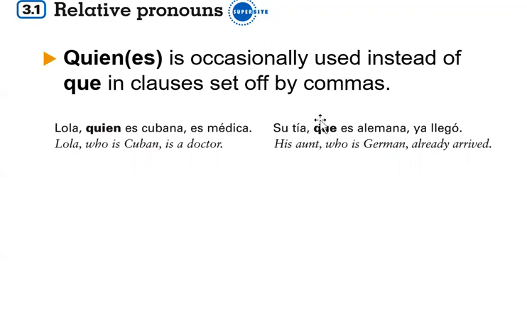So que right here is translating as who is German, even though it's the word que and not the word quien. But of course, we could use the word quien here instead. Lola, que es cubana, es médica. That also works. So we can use que or quien sometimes as long as they're referring to people. I'm sorry, if they're not referring to people, you can only use que.